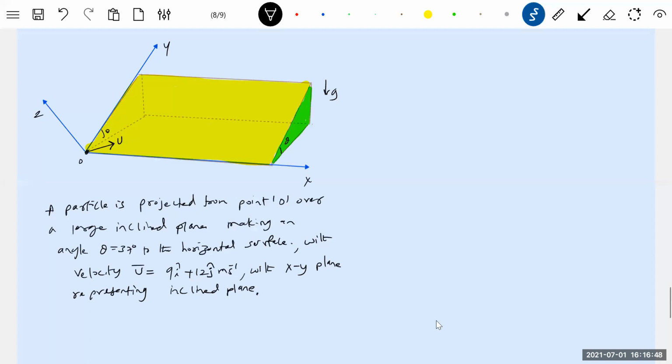So I just want a few questions: find the maximum height ascended along the inclined plane, and its velocity at maximum height and the corresponding velocity.